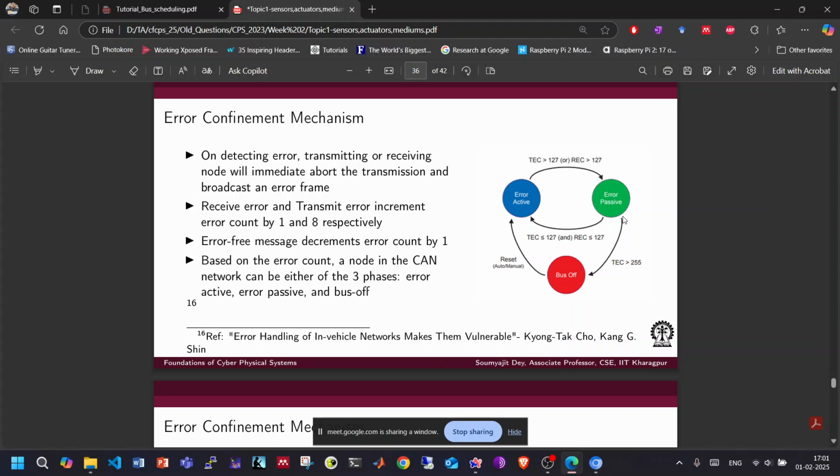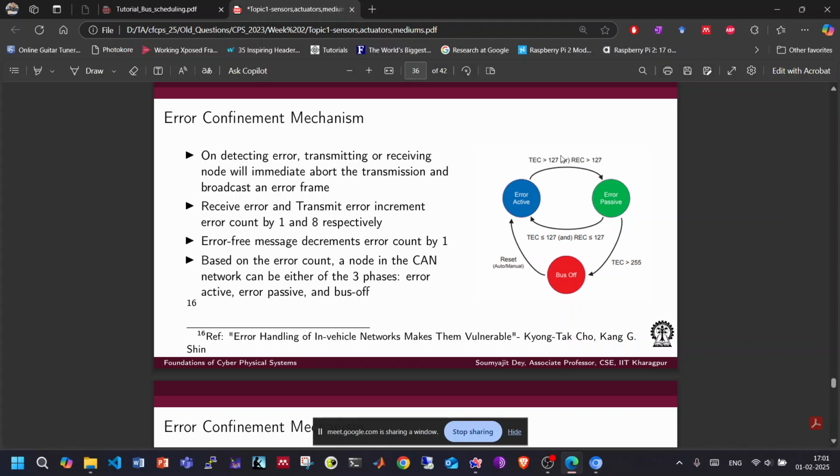If while staying in error passive mode, within that time the error counter is reduced and comes back to error active mode, then fine, and eventually since it is decreasing, you will get back to normal transmission.